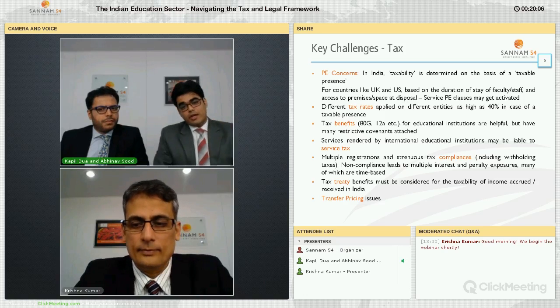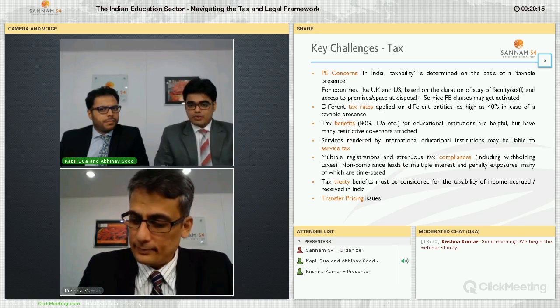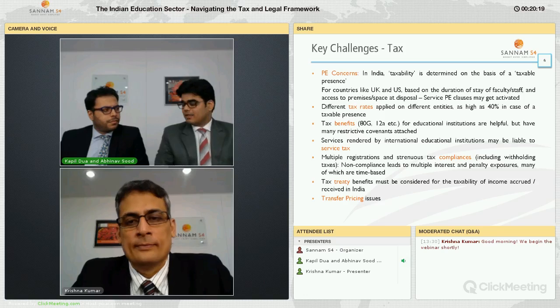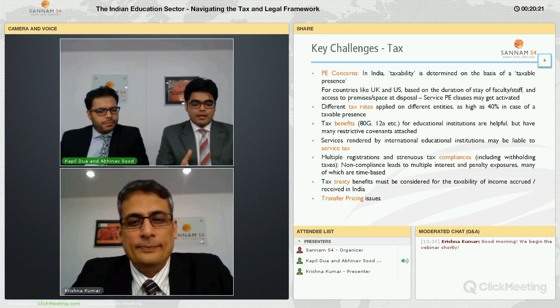What is most important for education universities is to have some sort of tax break. The Indian Income Tax Act gives a lot of exemptions to education universities, but as they say, with something comes something more. With these exemptions, there are a lot of restrictive covenants attached.